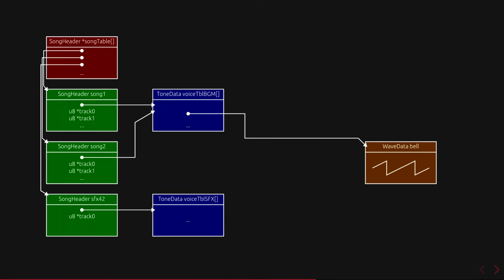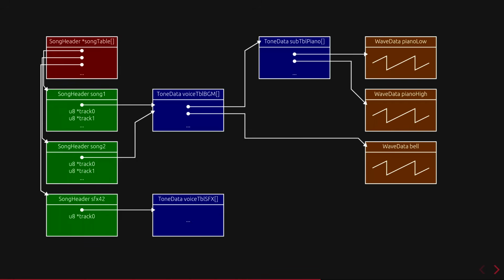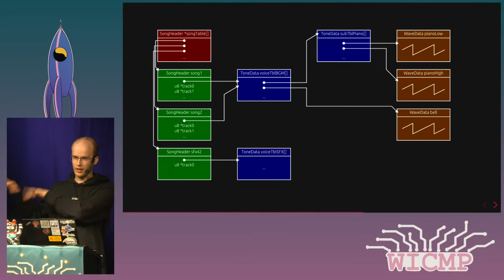And I think also one of the very forward-thinking ways they implemented this was that they supported nested tables, which of course you think, okay, what's the point? Well, if you know anything about keyboards, romplers, samplers, you may notice that when you play the lower part of your keyboard, your piano will have a different timbre than when you play it in the higher range.